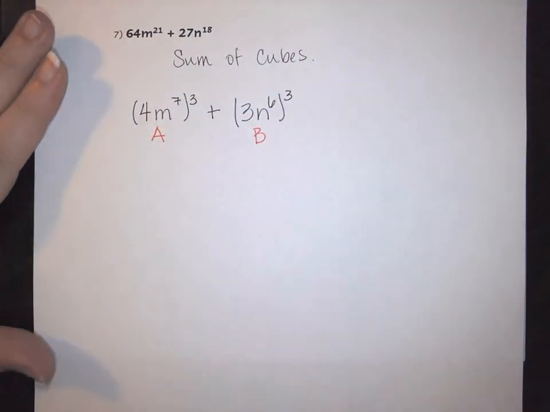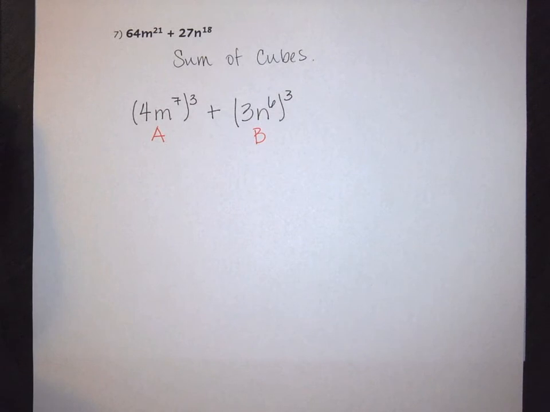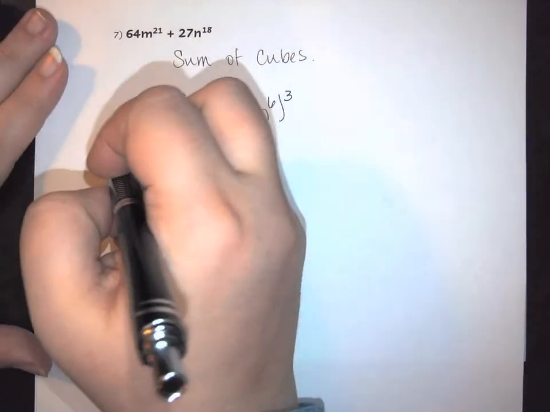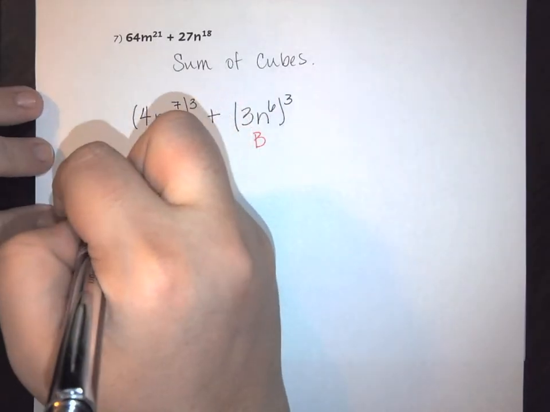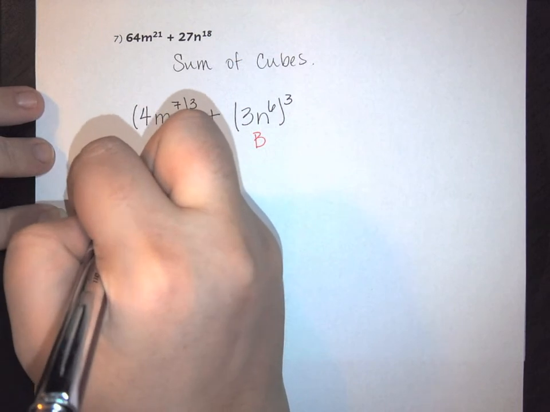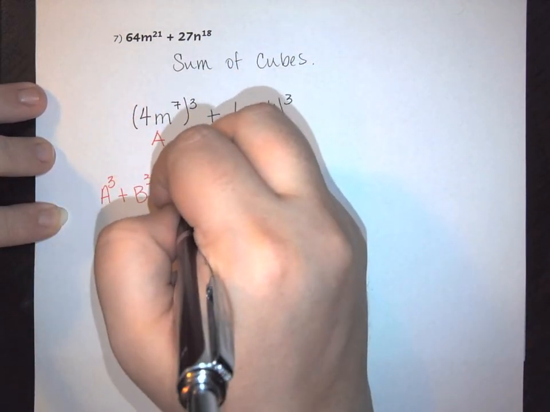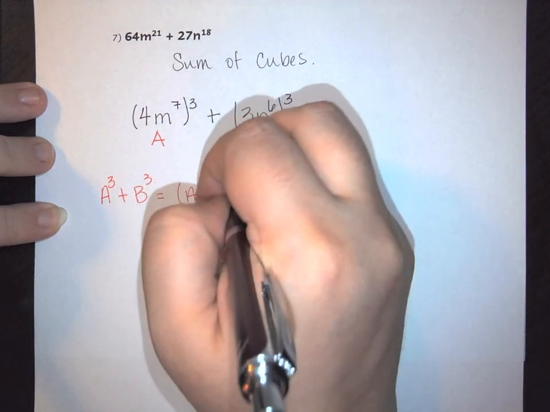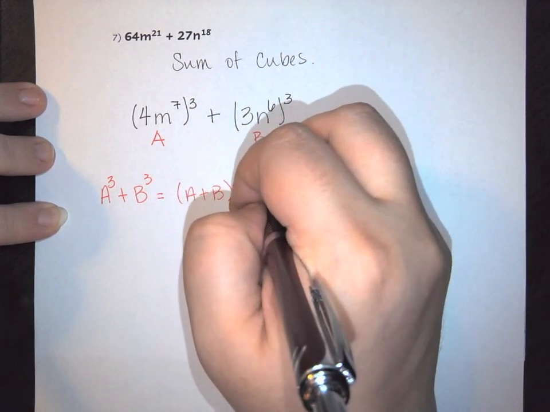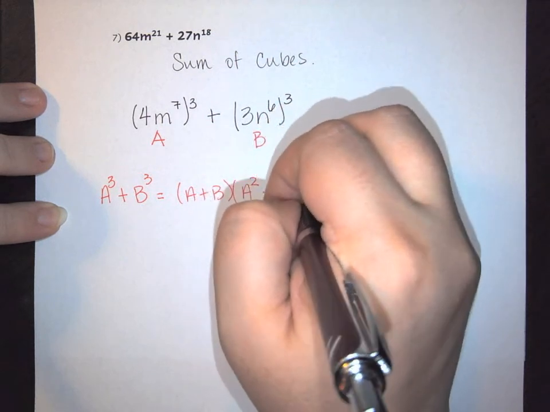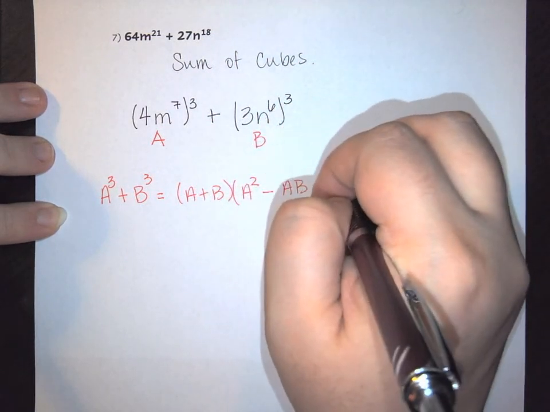So when we have the sum of cubes, again we have the same kind of formula. The only difference is going to be the location of your signs. So here our formula is A cubed plus B cubed, and this is going to give us A plus B times A squared minus AB plus B squared.